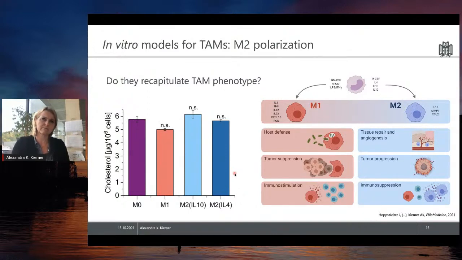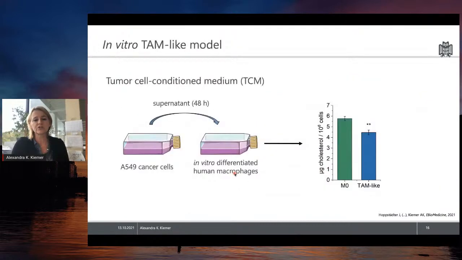So we felt, well, measuring cholesterol levels is not really a detailed measure to characterize macrophages in vitro models. So we wanted to do a more comprehensive analysis and to compare these frequently used models to maybe a better model of tumor-associated macrophages.